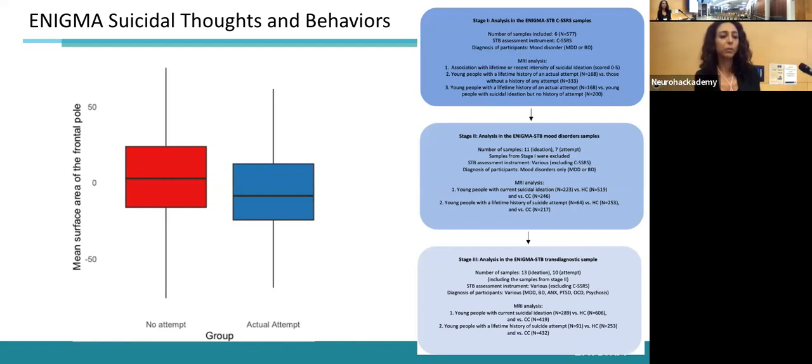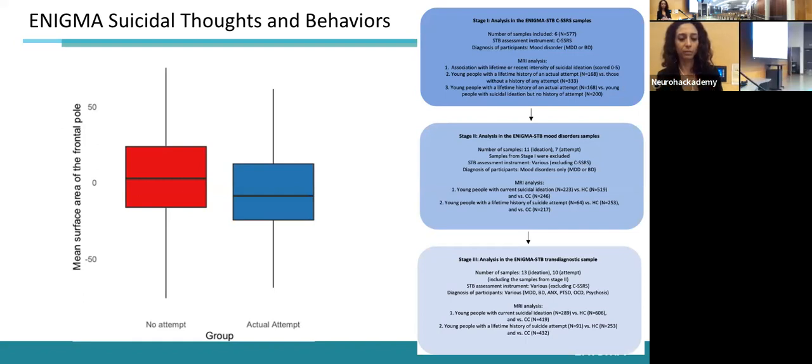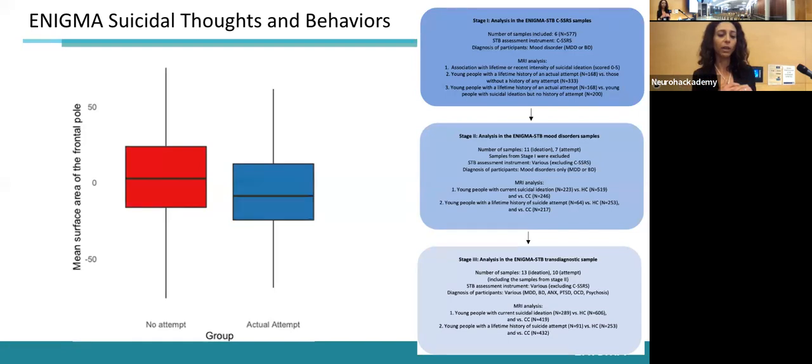Even within this group, though, we've had one published paper where we looked at youth only, and we were able to narrow down our hypotheses as well, looking only at individuals with mood disorders and very detailed assessments of suicidal thoughts and behaviors, and then more broadly expand.